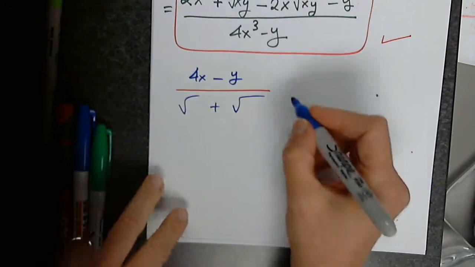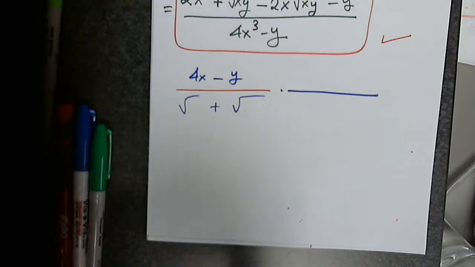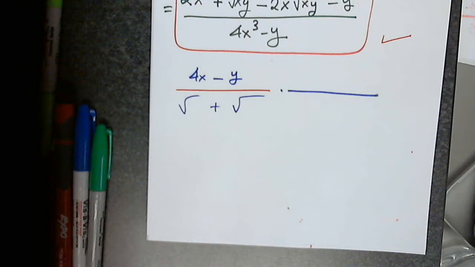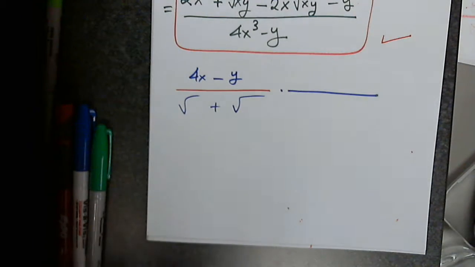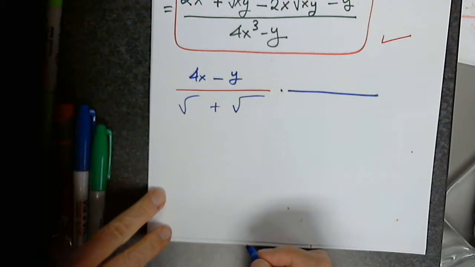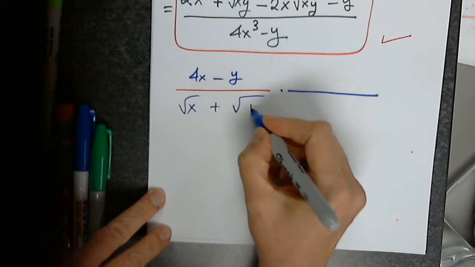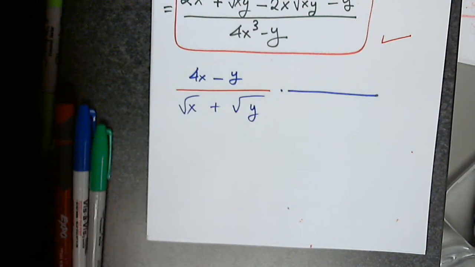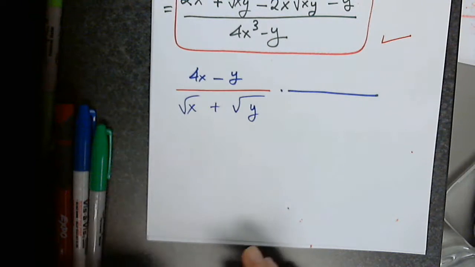And we will rationalize the denominator. What would you like to have? I would have x plus y. You'll make up the next one.